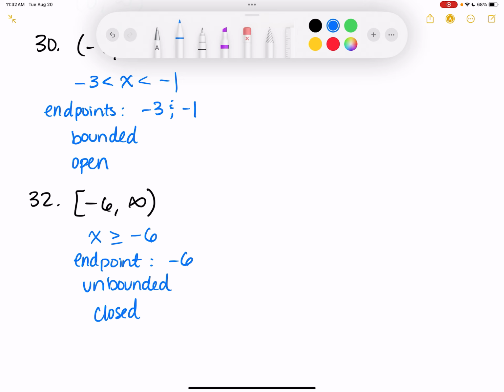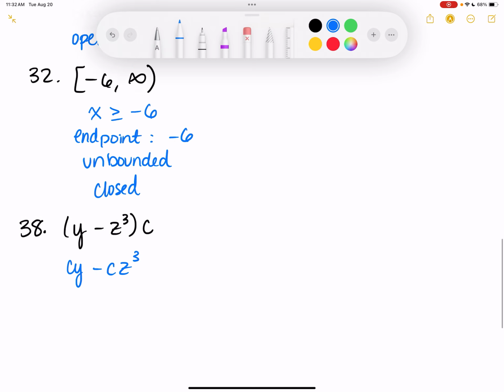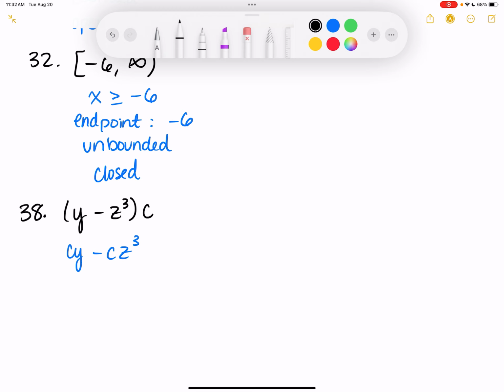Okay, next questions. Use the distributive property to write the factored form or the expanded form of the given expression. Should be relatively easy. 38, in parentheses, we have y minus z cubed times c. What does that expand to? 40.